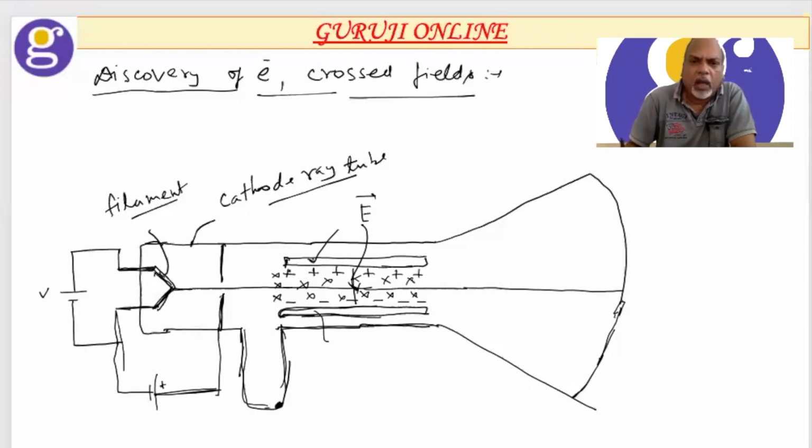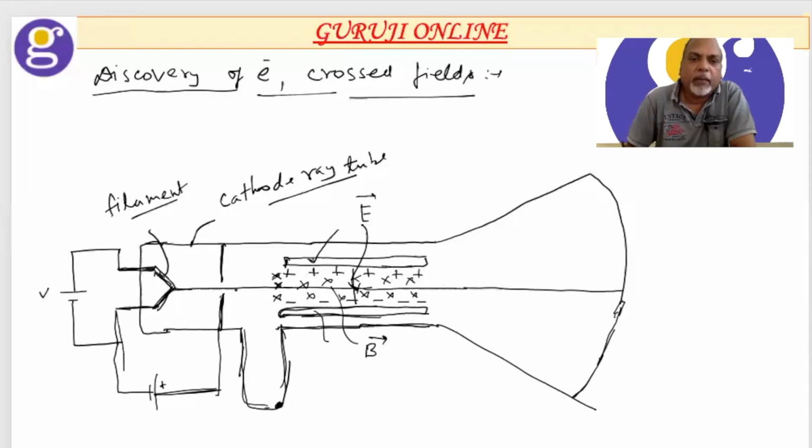And of course there is a magnetic field also, which is perpendicular to the electric field, and it is shown as crossed. Cross means the direction of the magnetic field is into the plane of the paper. This is how we denote the magnetic field with the crossed sign when it points into the paper. And this E and this B are perpendicular to each other.